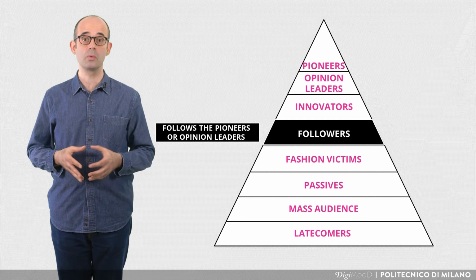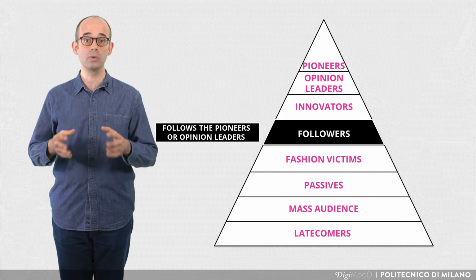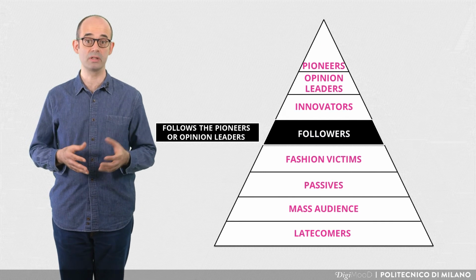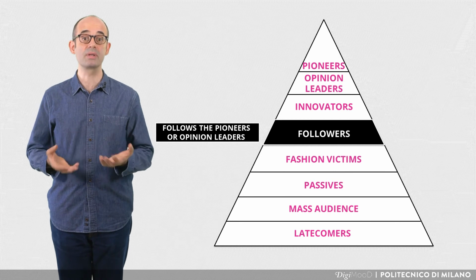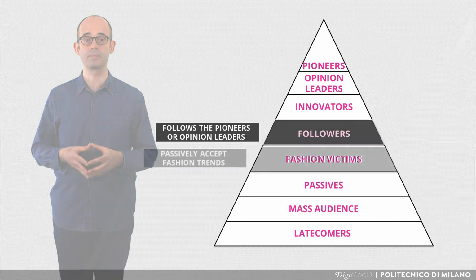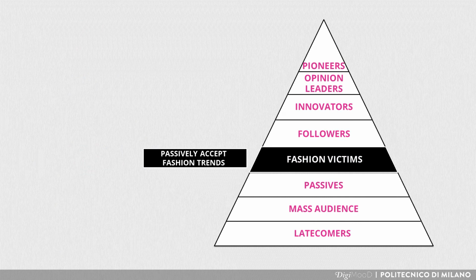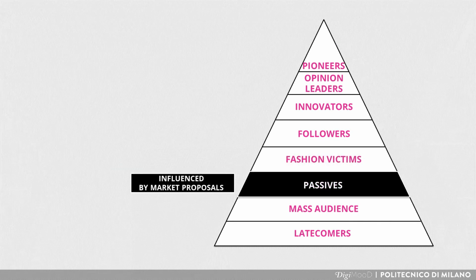By followers, we refer to the type of audience that follows the pioneers or opinion leaders after the market has perceived a specific trend. By fashion victims, we mean the type of audience that passively accepts fashion trends. By passives, we refer to the type of public that is influenced by market proposals.